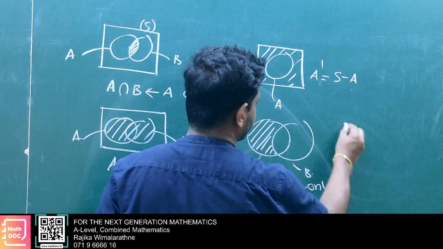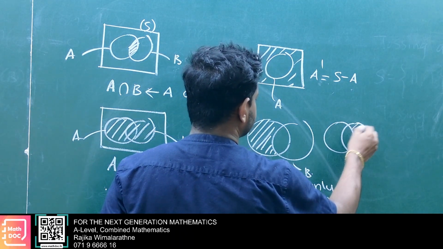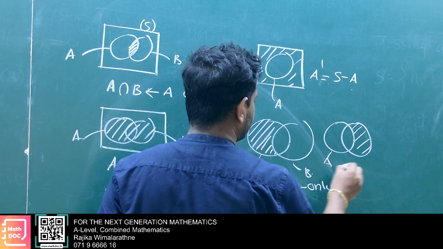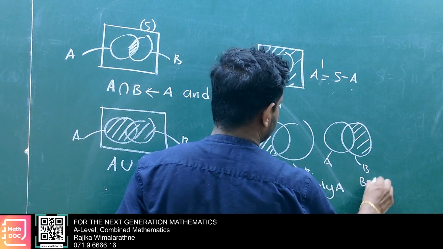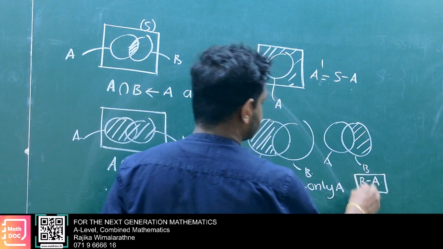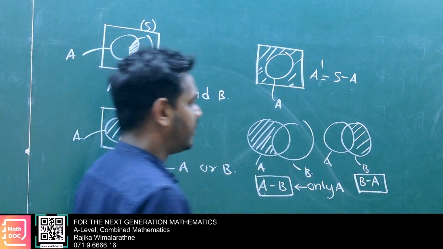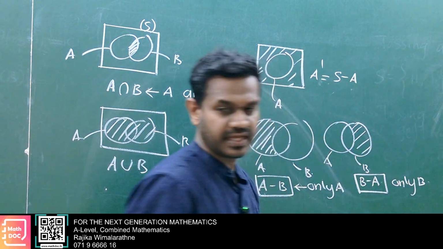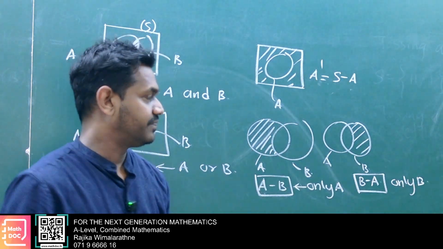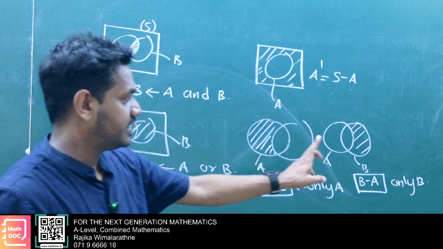Then when you consider this part, this is called B minus A, only B. Write with me. Here this is only A, and here this is only B.